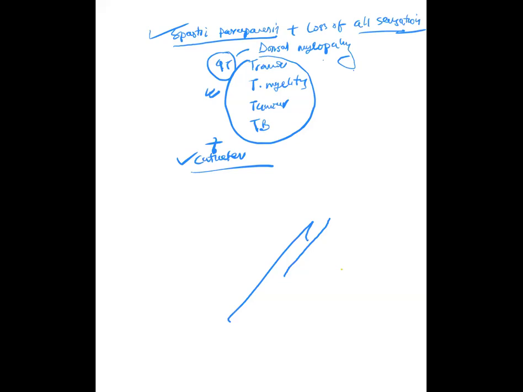Now, regarding how you will manage, I will do general management and specific management. General management includes patient education, counseling, explanation of the disease, formation of a multidisciplinary team involving my consultant, a neurologist, physiotherapist, social worker, and occupational therapist.